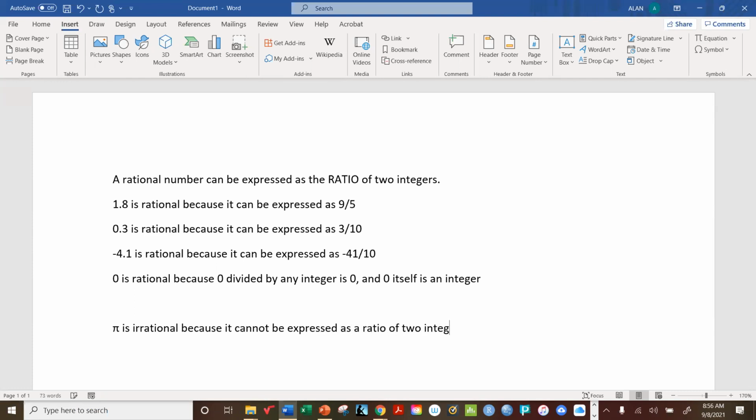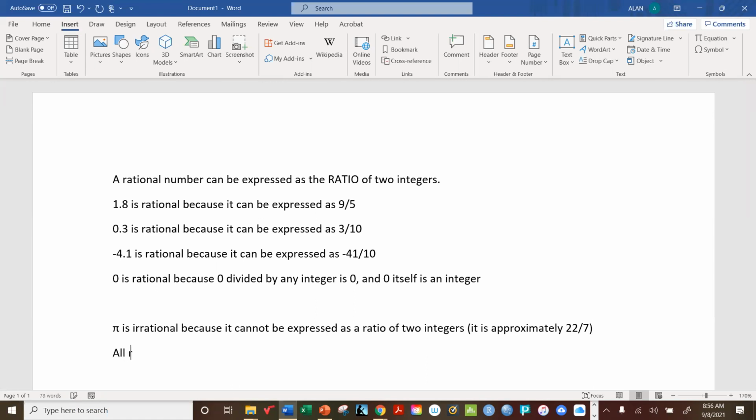Occasionally you see people mentioning that it's close to 22/7, but it's not exactly. Okay, so that's what it means to be irrational.